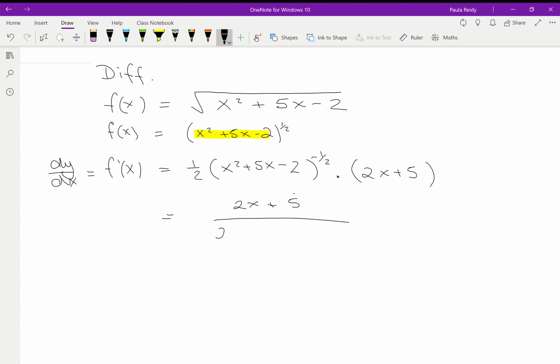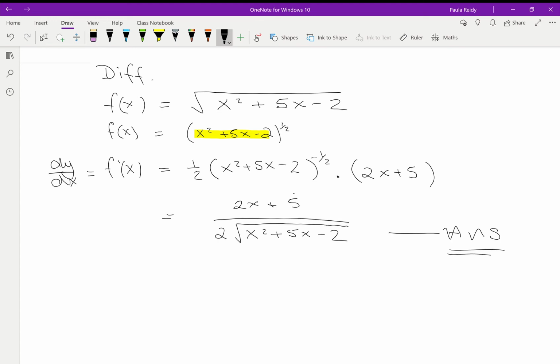We've got a half of, so that's the half being put in there, and this is the negative index, so it would clearly be the square root of x squared plus 5x minus 2. Okay? All right, because it was a negative index, it went in as a denominator, and because it was a half, it got a square root. Okay, so that's your answer there to that one.